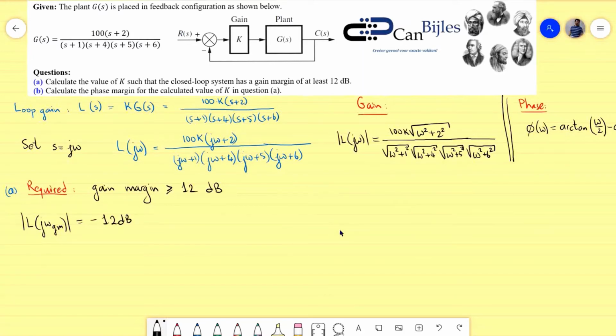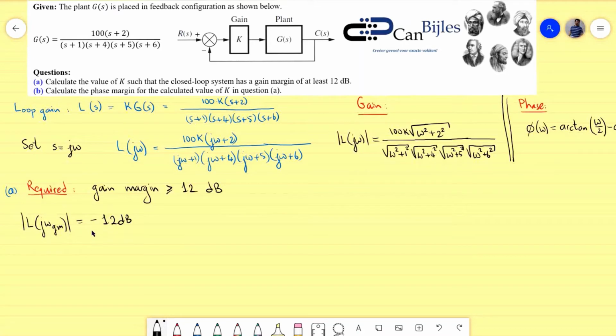Why? What is the gain margin definition? The gain margin is saying the following. At the gain margin frequency, I need a distance from the 0 dB of 12 dB in this example. So if I have, for example, a gain margin of 20 dB, then that must be minus 20. If I want 30 dB, then that must be minus 30 dB.